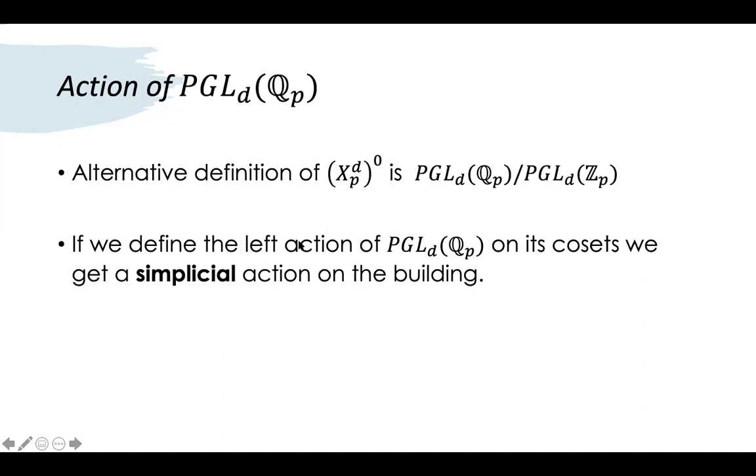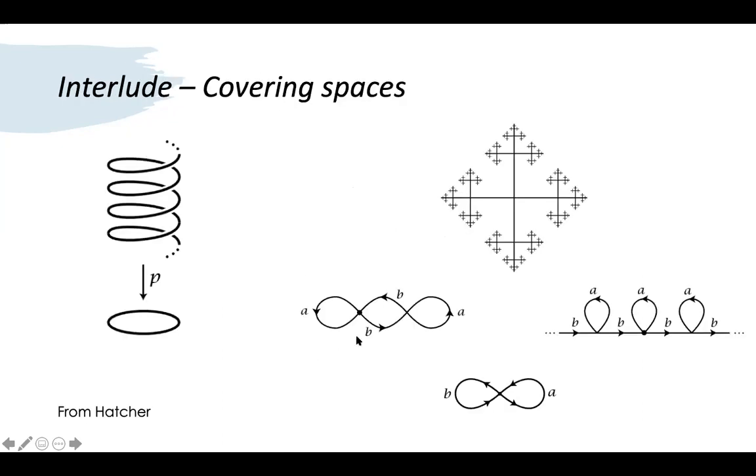And I want to do a small interlude. Okay, so it's a very famous thing in algebraic topology that there is a connection between the fundamental group of a topological space and its universal cover.